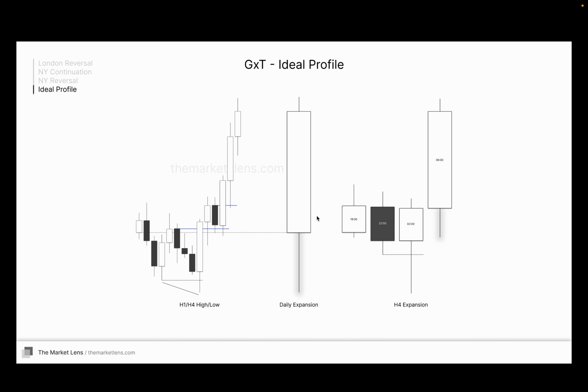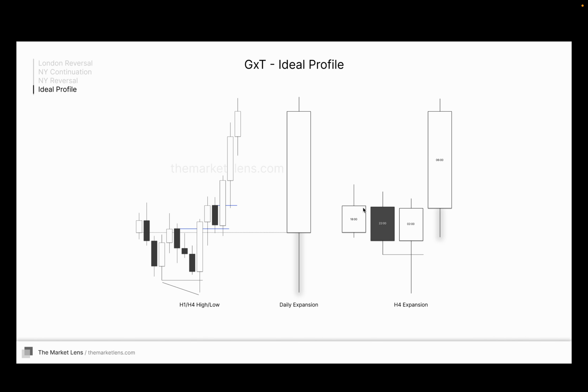So now let's go into the GxT ideal profile. This is where the low of the day, the daily wick, is formed from SMT manipulation, right? So basically, the low of day is created from a protected swing, creating the wick. So what do we do after manipulation, or once a protected swing is created? We expand, right? That expansion creates the body of the candle.